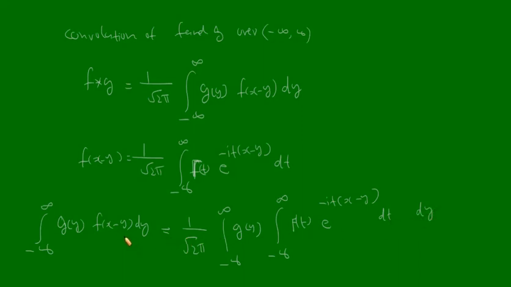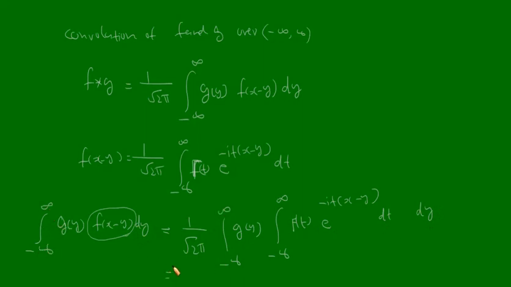Okay, so once again repeating: first I substituted f of x minus y here, f of x minus y is 1 by root 2 pi, integral from minus infinity to infinity F of t e raised to minus it (x minus y) dt. This whole term, then this g of y, then dy.